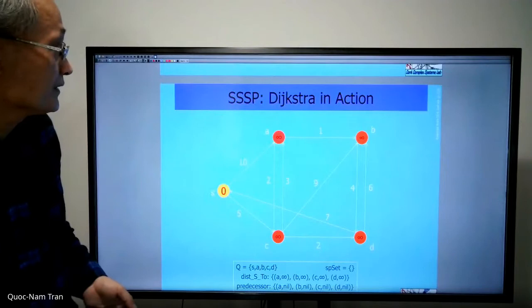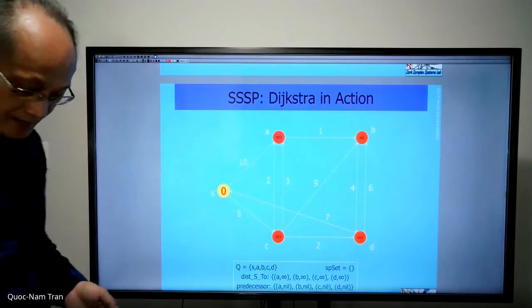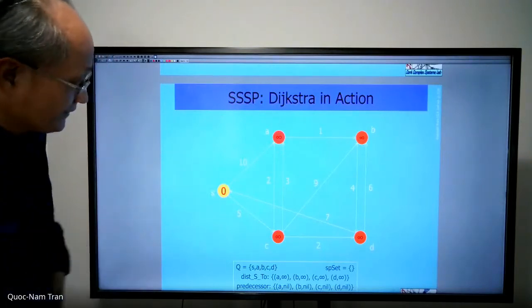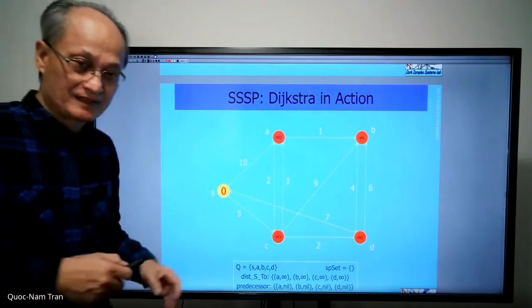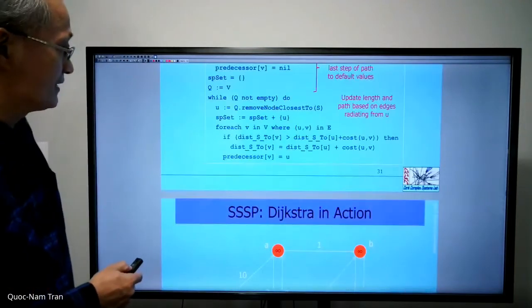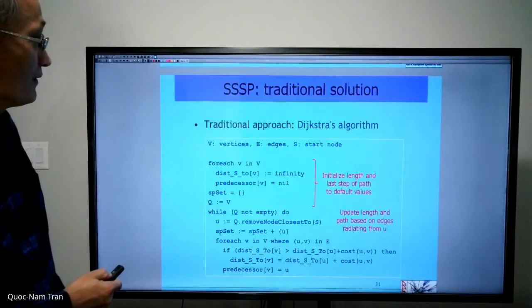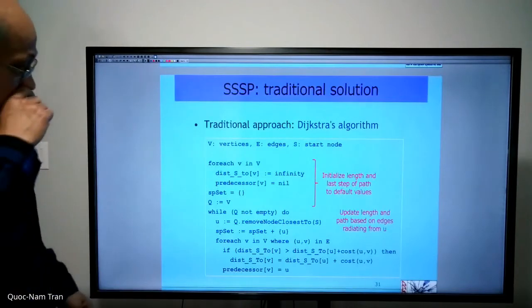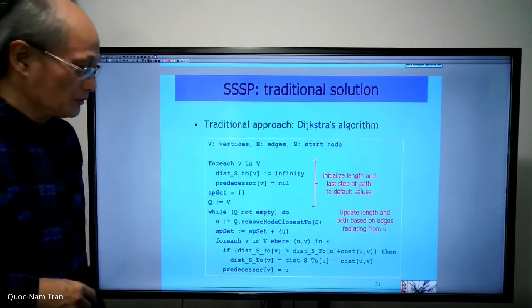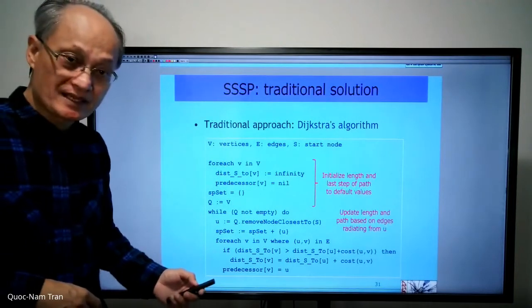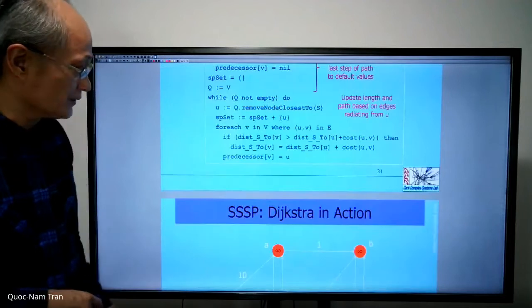Okay, so here is the Dijkstra algorithm. The algorithm, you can check it in any book, right? Let me go through the algorithm with one example so we know how it works, right?